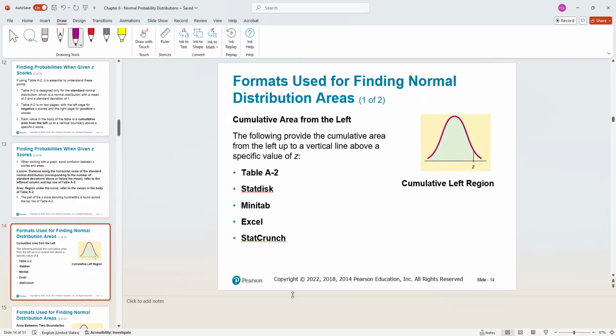So cumulative area under the curve, you see here. When you are on the left, that means you're looking for this particular area.